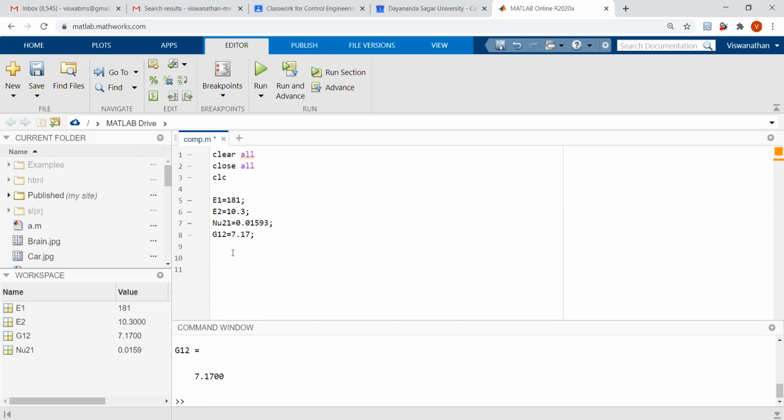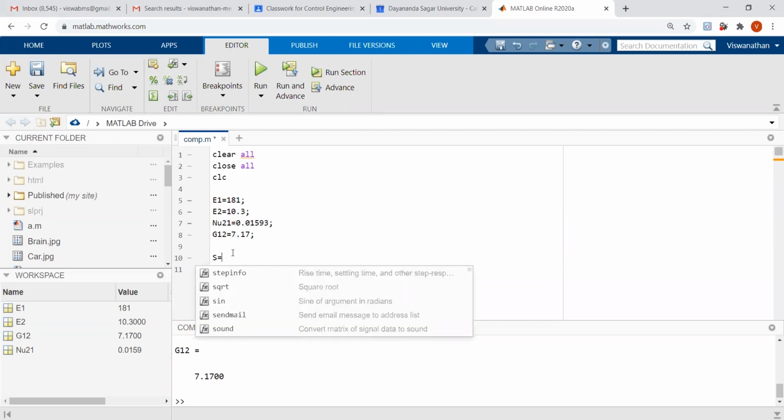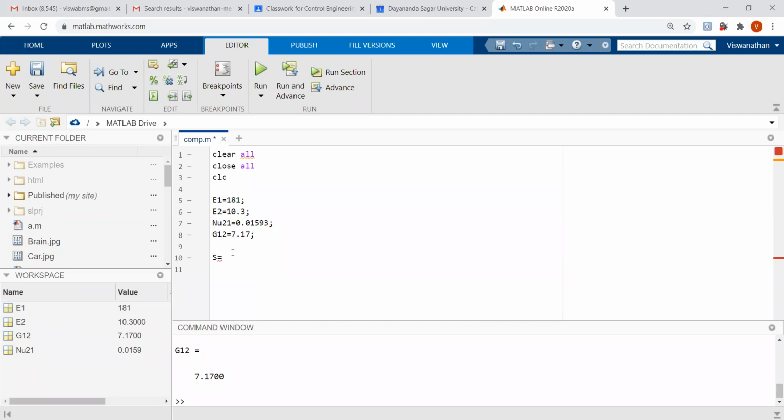So what do you do? You define the compliance matrix. S is equal to, open the square bracket, S11, S12, S16, and then a semicolon to go to the next row.